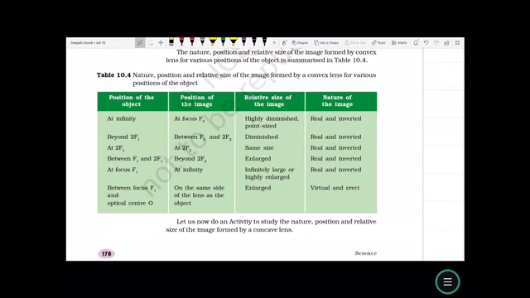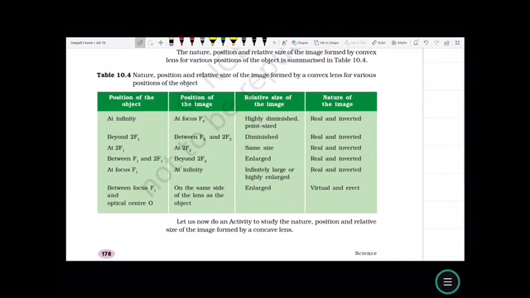Now you can see that at infinity, the image position is at focus F2, highly diminished, point size, real and inverted. Beyond 2F1, between F2 and 2F2, diminished, real and inverted. At 2F1, at 2F2, same size, real and inverted.